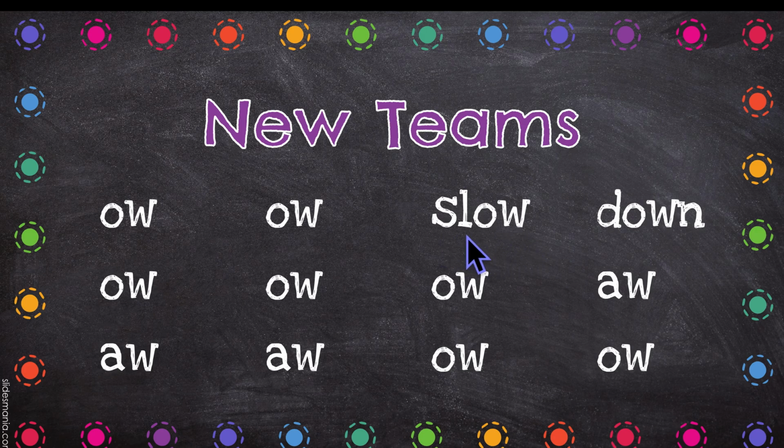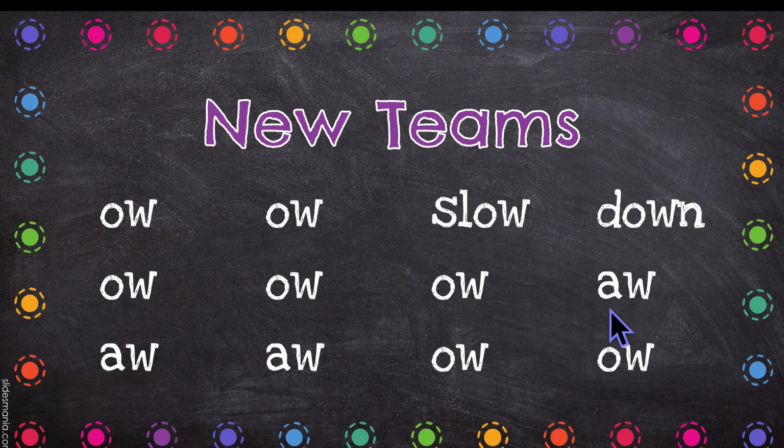O, slow. Down, down. Slow down. The O and the ow of those two words can help you remember the two sounds of this combination. Do you remember both of them? O, ow.